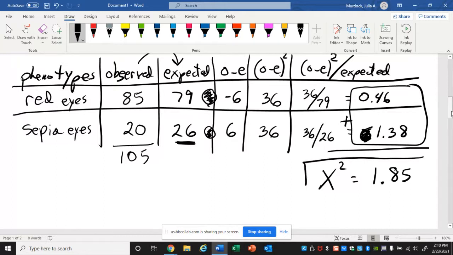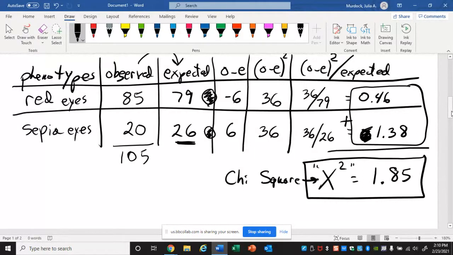All right, so my chi-square value from my data is 1.85. You don't have to go any further. Chi-square does not mean you have to take the square root to solve for x. X squared is the symbol for chi-square. That's the actual variable. You don't have to do anything more to it. You're finished calculating. That's what it's called. So that's your calculated chi-square from your data.